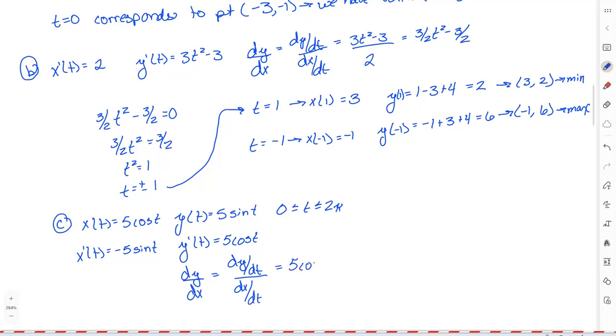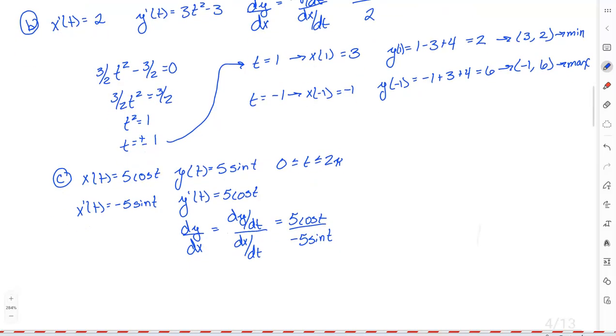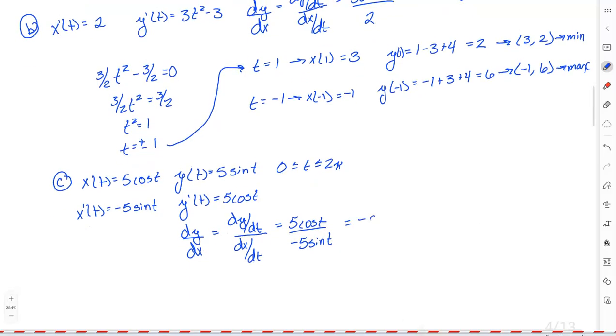So we're going to have 5 cosine of t over -5 sine of t. So there's our derivative, negative cosine over sine. Or we could write this as negative cotangent t.